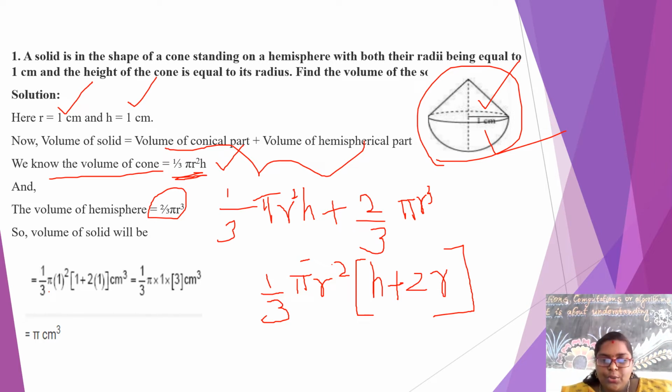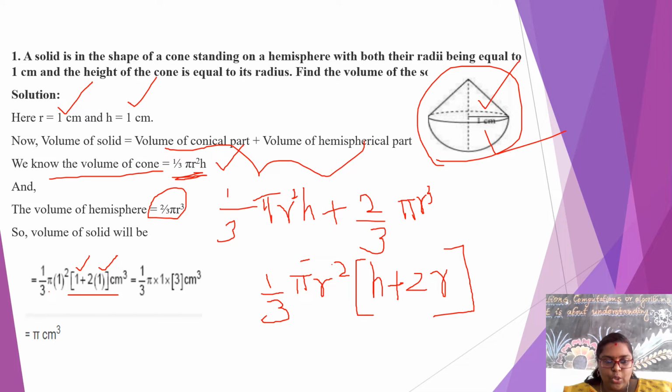Now substitute the values: 1 by 3 pi r square, what is the value of r? 1, so 1 square. Then the bracket: what is the value of h? 1, plus 2 into what is the value of r? 1. Clear?